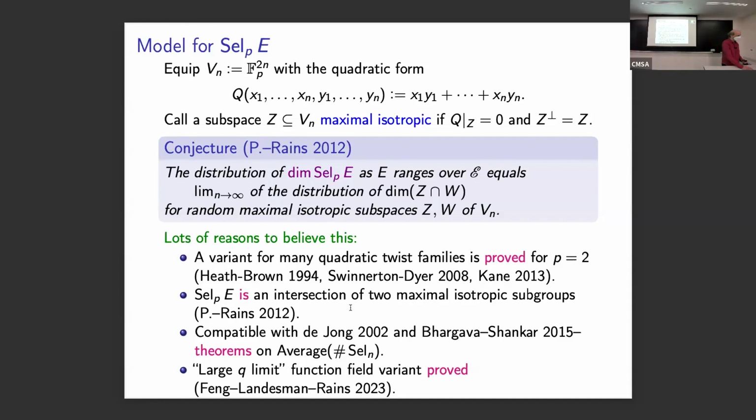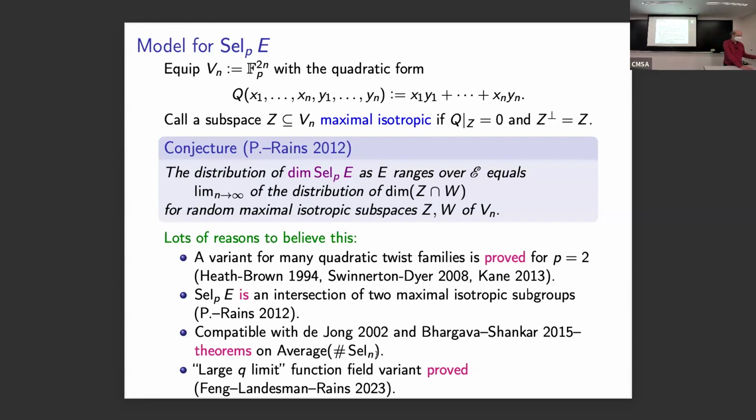Now, once you know the distribution of the Selmer group, you can compute things like the average size of the Selmer group for a fixed n. There are various people who've done that: Johan de Jong in the function field case, and Manjul Bhargava and Arul Shankar in the number field case, for n from 2 up to 5.